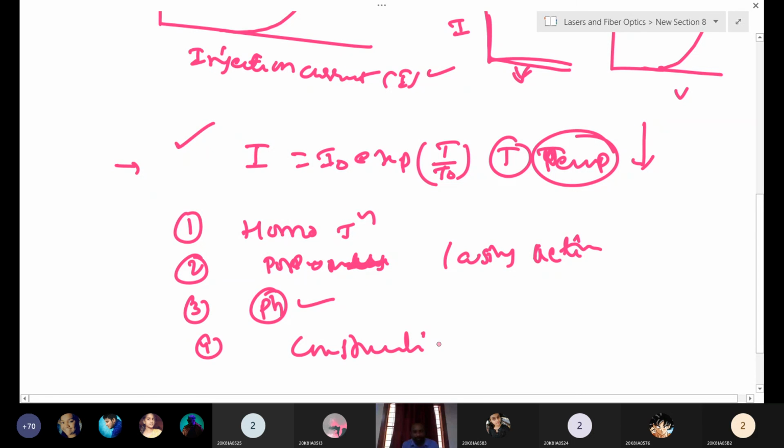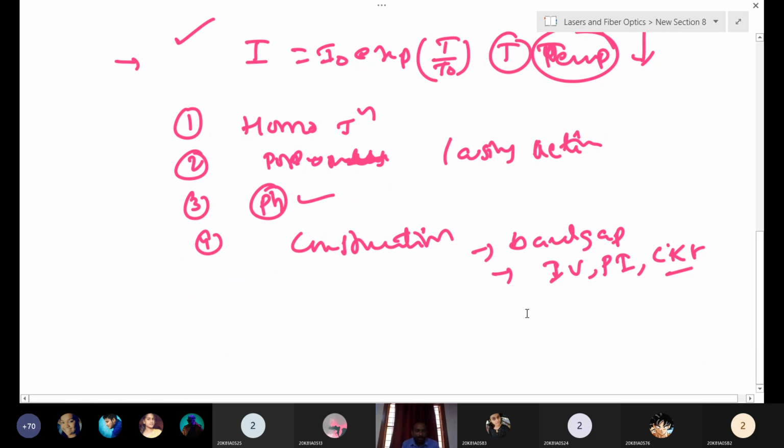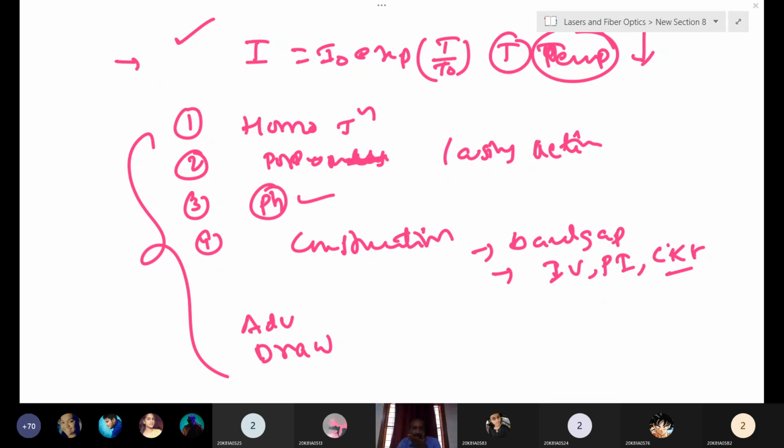Construction also we have to write, and the band bending diagram, and the IV curve, and power versus I curve, and next the circuit diagram, and advantages and drawbacks. This you have to write, depending on how many marks the question is.